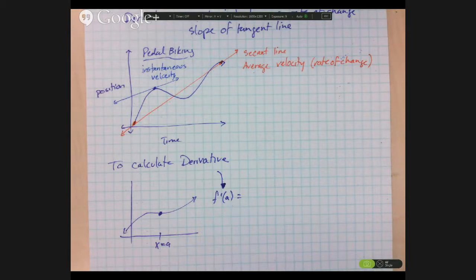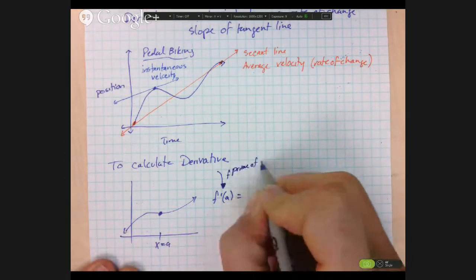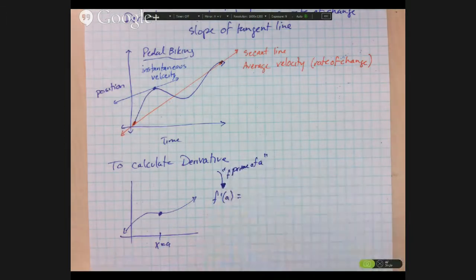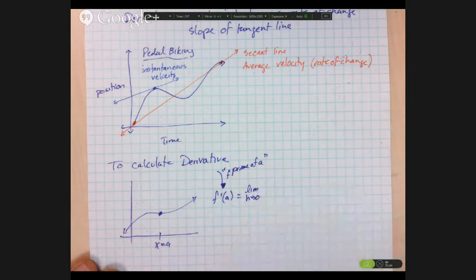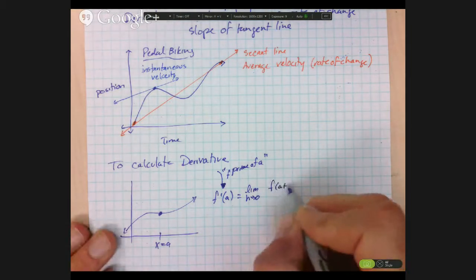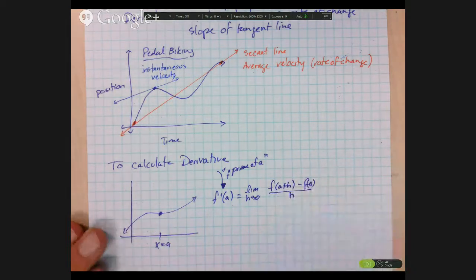One way is f prime of A. That means this is the derivative. It's a limit, because we have to get the limit as h approaches 0 of f of A plus h minus f of A over h.